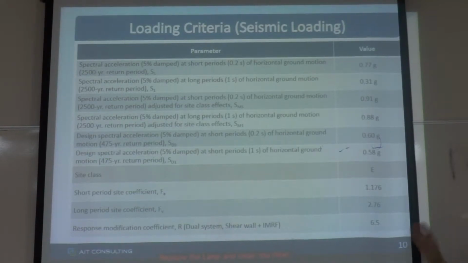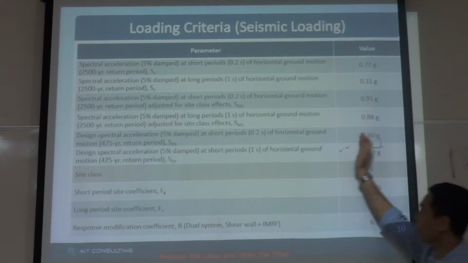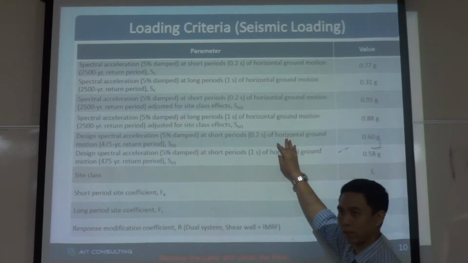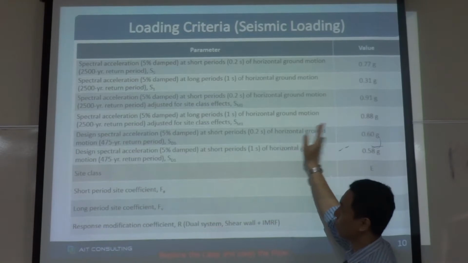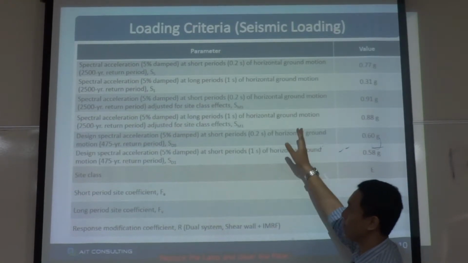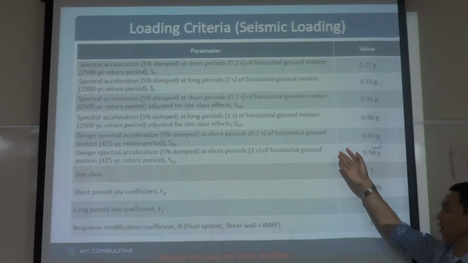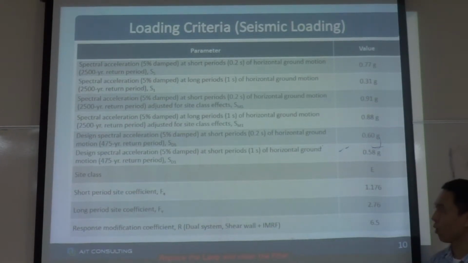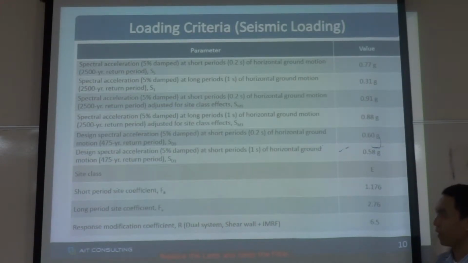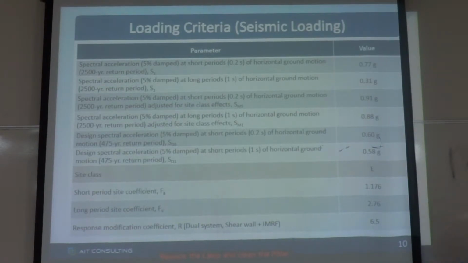The code assumes like that, but we design only for this level of earthquake. If you design for this level, and the strongest MCE level earthquake comes, the building will not collapse. If a small earthquake comes, the building will not have damage, and it can be reused immediately after the earthquake.